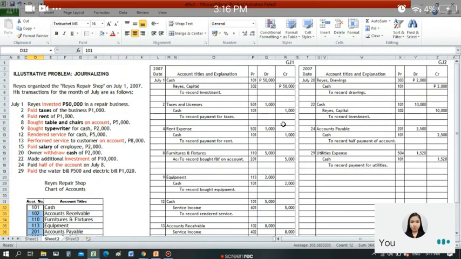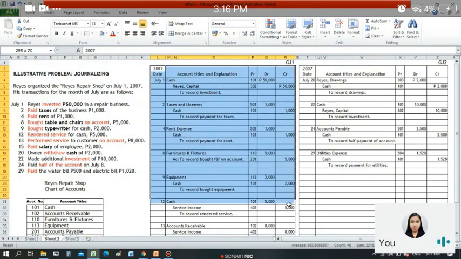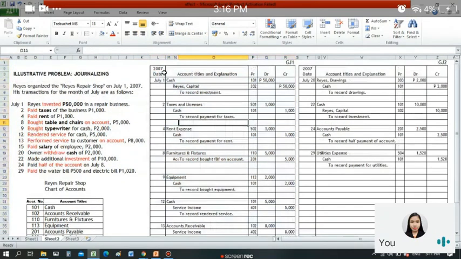Next is analyzing the transaction and recording it in the journal. First, prepare the journal sheet by writing in the uppermost row: the date, account titles and explanation, PR for the post reference, the debit amount, and the credit amount.